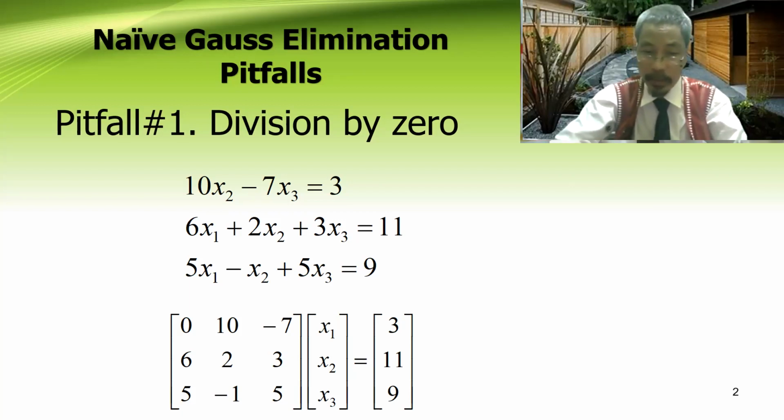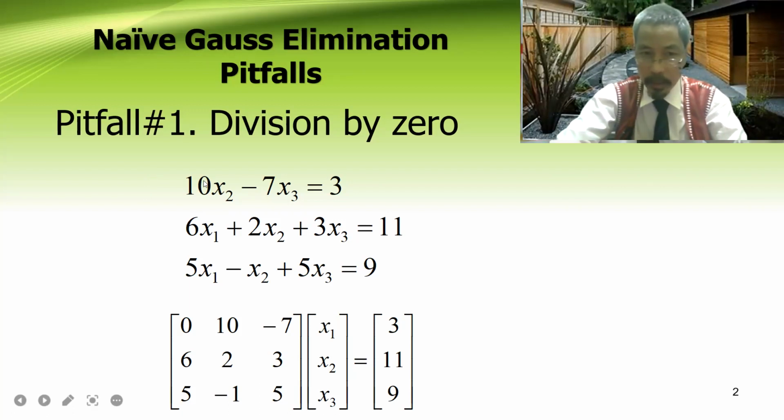So we have the square matrix A, then the variable vector equal to the constant vector. So we have the following using the 3 equations given. So 0, 10, -7. That is for equation 1, because the coefficient of x1 here is 0.